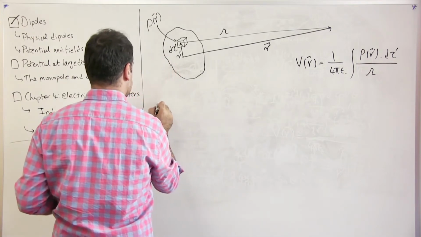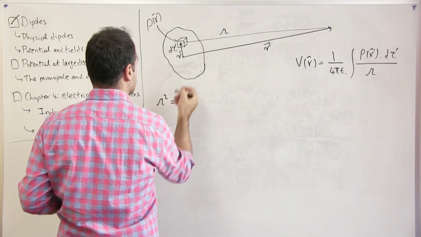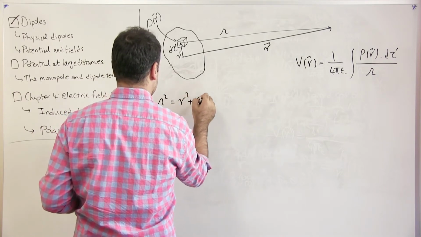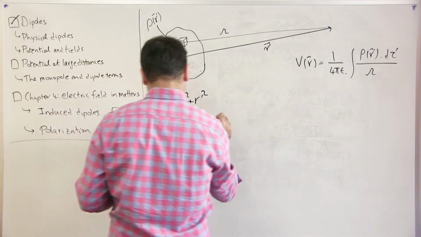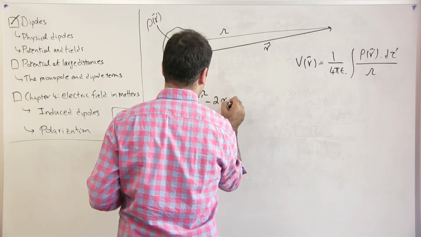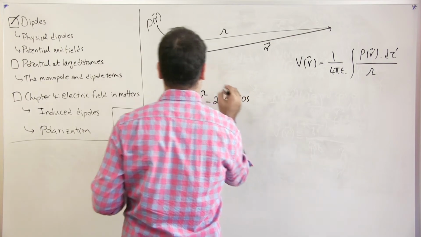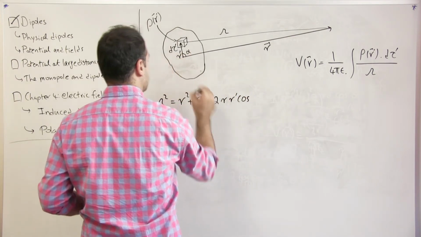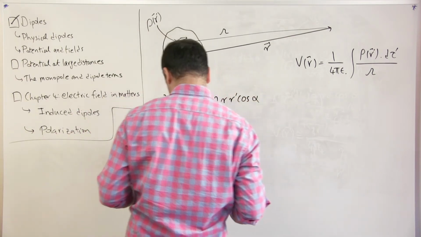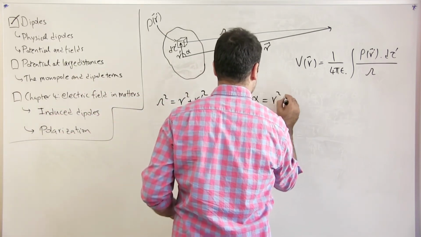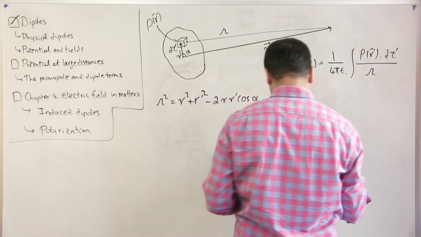For the distance vector, r squared, we can use the cosine rule, which makes it r squared plus r prime squared minus 2 r r prime cosine alpha, if this angle is alpha. Okay, and that can be written in terms of r squared times the rest in brackets.